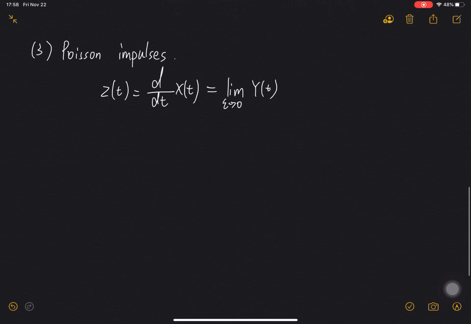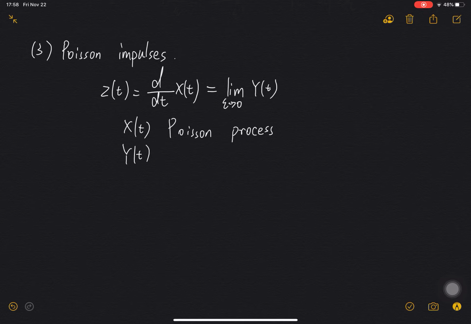And Y(t) is a Poisson increment process.